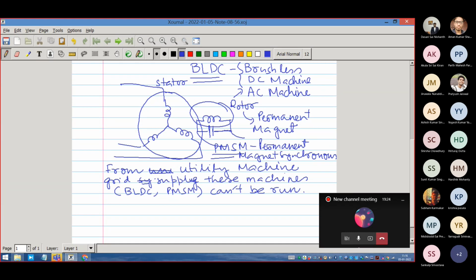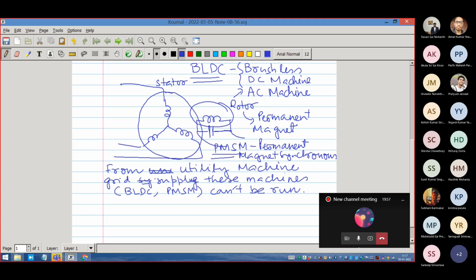Or it is in the structure of a wound rotor machine or slip ring machine, which is exactly the same structure as the stator coils, 3-phase coil structure in both the stator and rotor. However, therefore the rotor will have to be given supply externally, just like the stator. Okay, the stator coils have to be given supply as well as the rotor coils in case of a wound rotor machine.